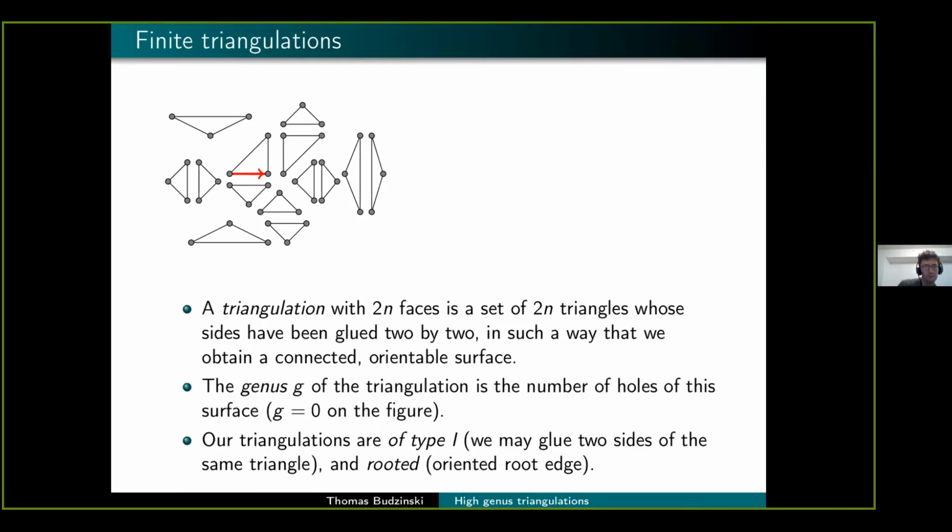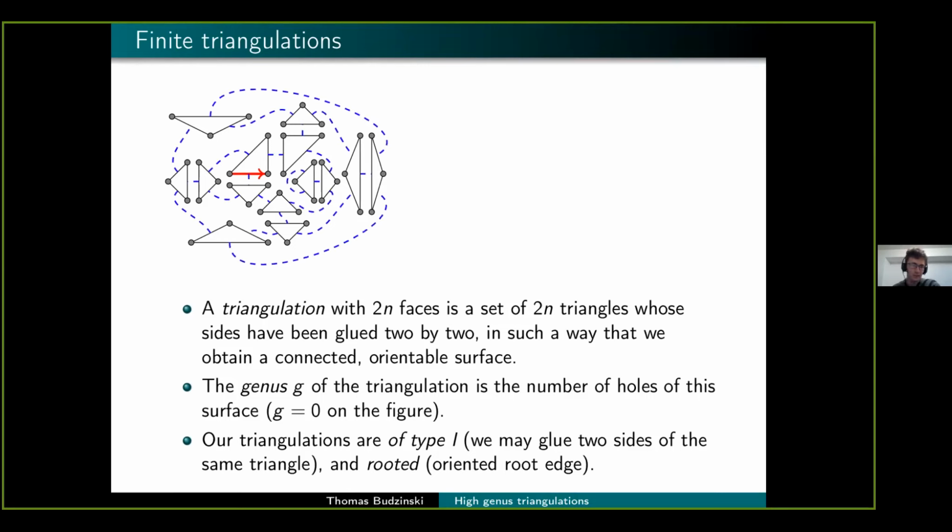To get a triangulation, I need a set of 2n faces, which are going to be triangles. I take my 2n triangles and glue the sides 2 by 2 in such a way that I get a connected and orientable surface.